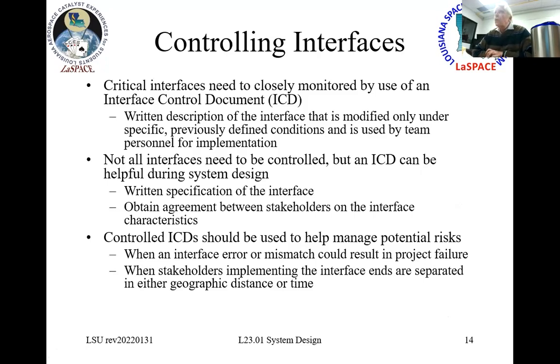It's very important that you pay attention to your interfaces. When you're working on a project, not everybody is going to be doing everything. Very likely you'll have one person specializing in the electronics and another person emphasizing software.